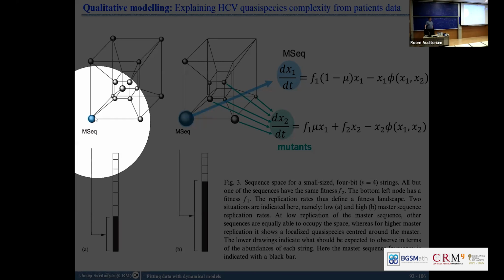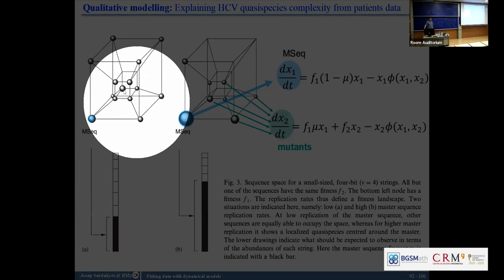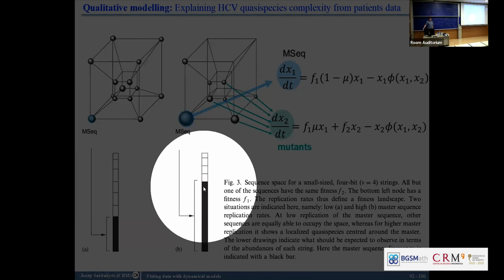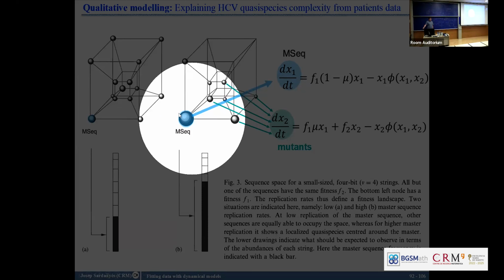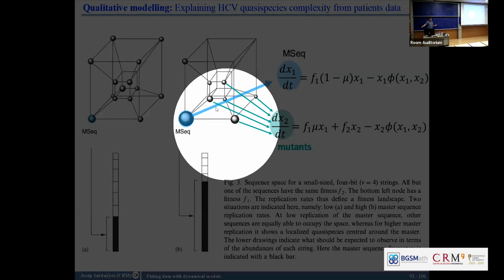Low viral load because the population of master sequence is low, but the number of mutants increases. For the high viral load, the master sequence, the initially infected genome or virus, is very large, but it is more located in the sequence space. Okay? It has remained close to this node.